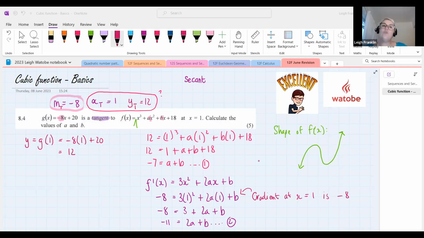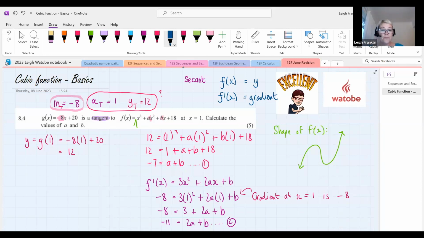You mustn't get confused between f of x, which is y, and f prime x, which is gradient.